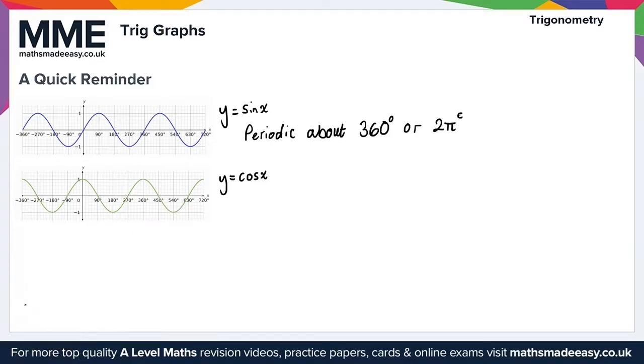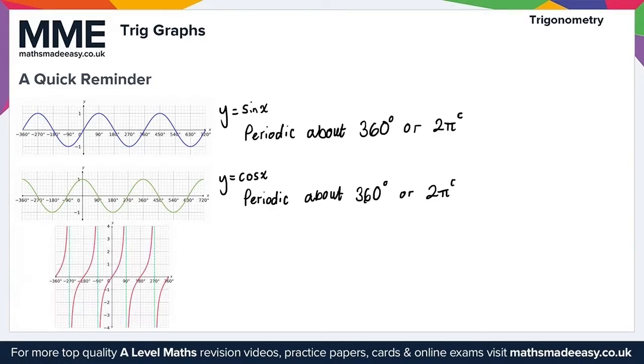This repeats because y equals cos x is also periodic, exactly like sine x, about 360 degrees or 2 pi radians. So that's everything we need to be concerned with for cos x.